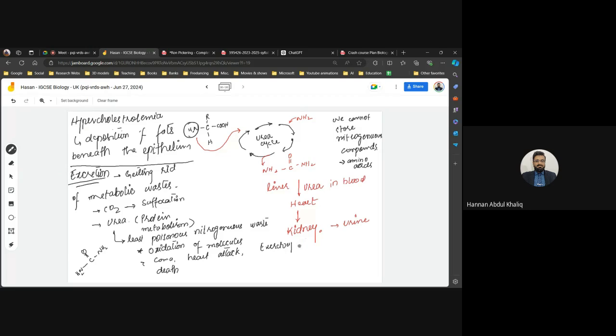The excretory system involves the liver, the kidney, the ureter, the urinary bladder, and the urethra. With the liver it is called the excretory system. Other than the liver, it is called the urinary system. This is the difference between these two systems.